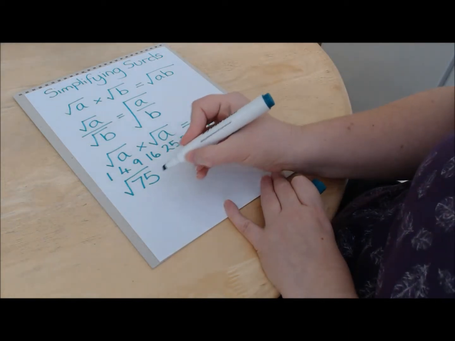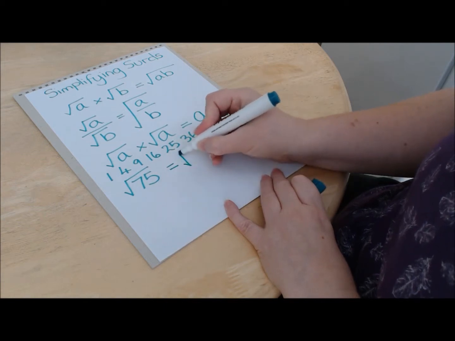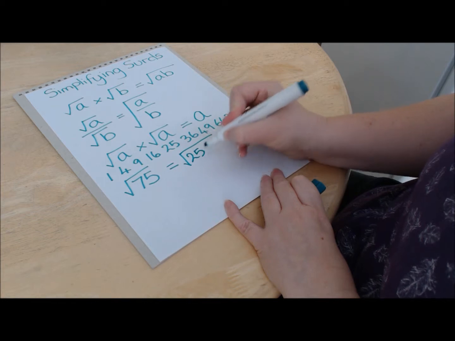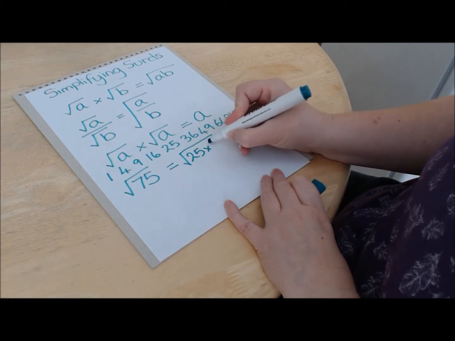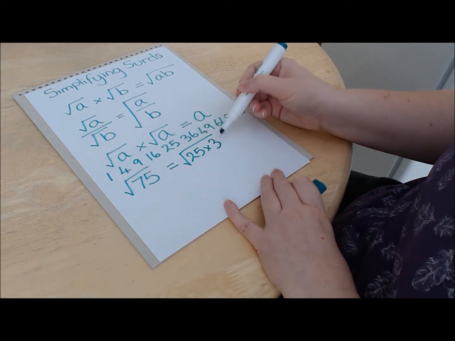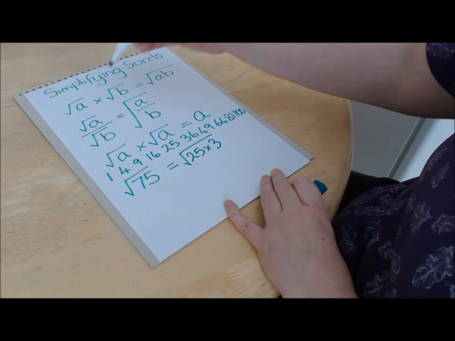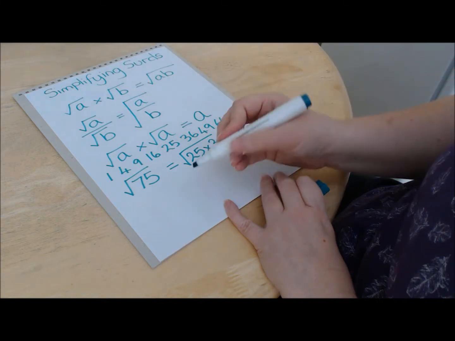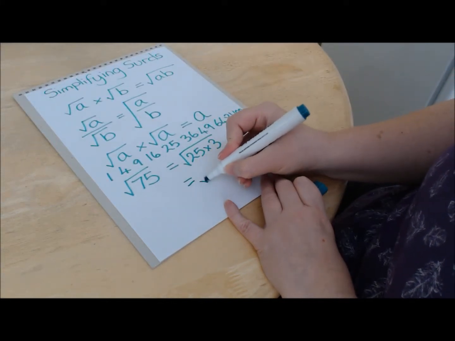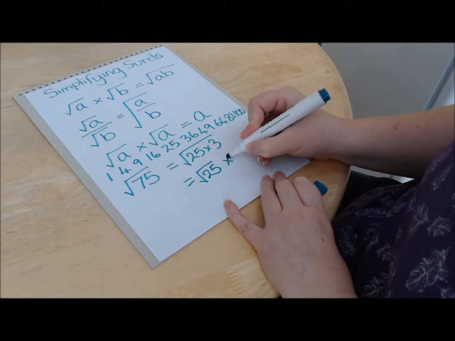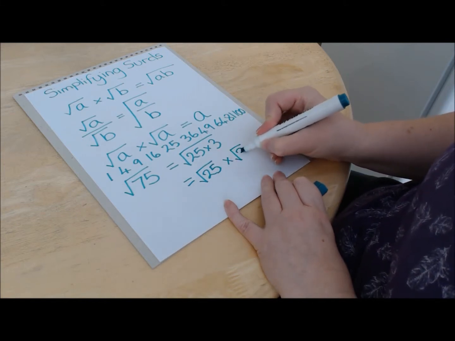So I can write 75 as 25 times 3. So now we've got one number times another. This rule says that would also be the same as the square root of 25 on its own times the square root of 3.